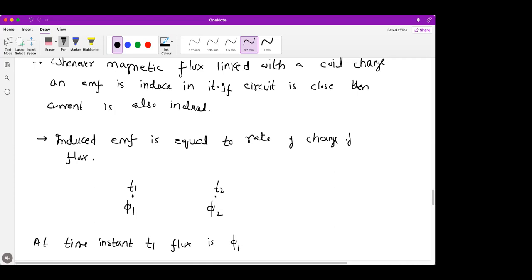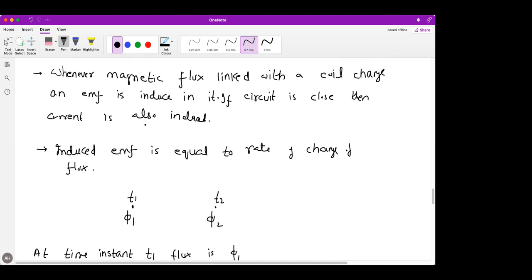Yes, if the circuit is closed, then the current is also induced. We don't have current in an open circuit.